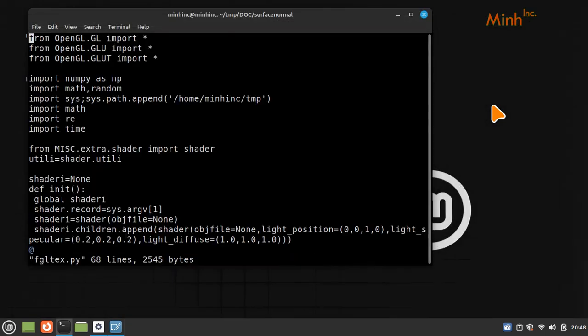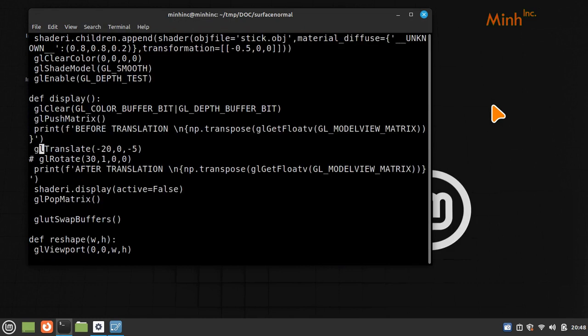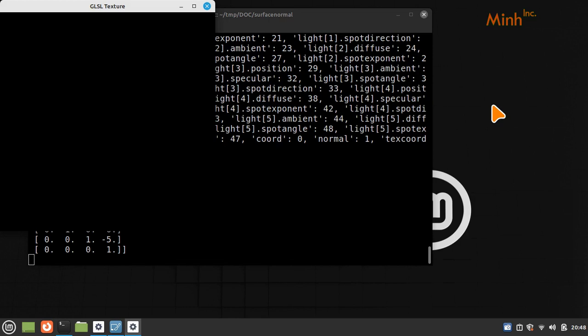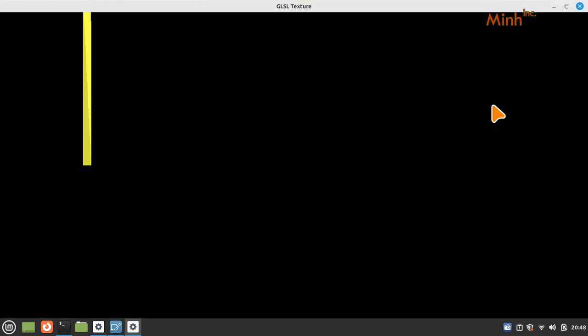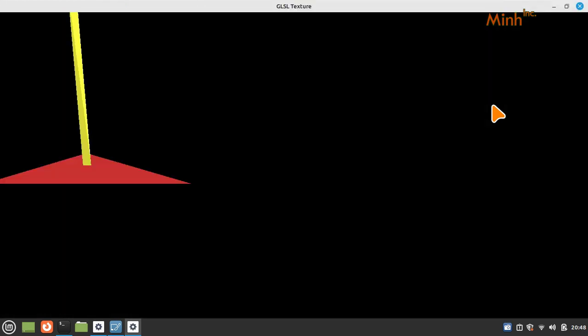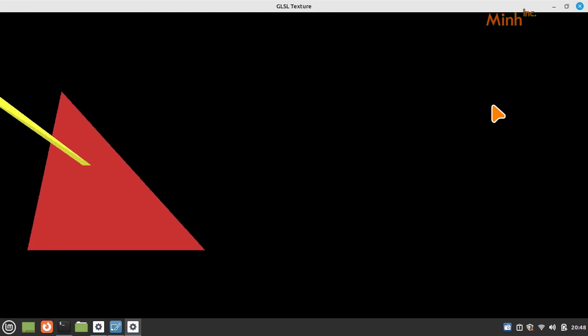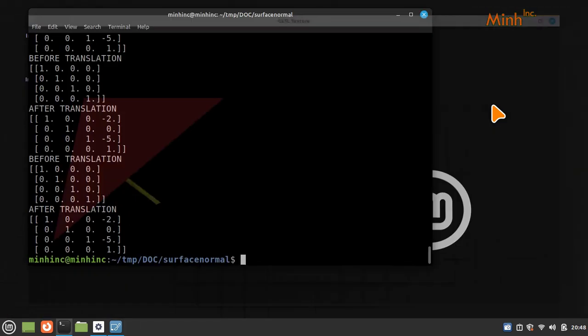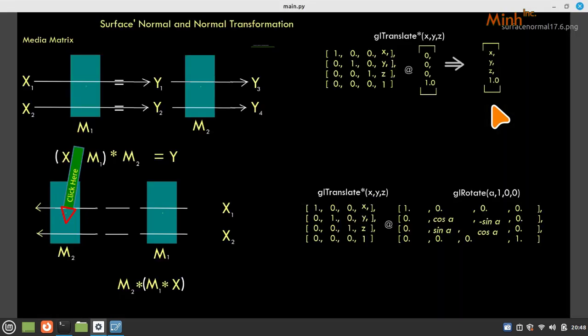So not that big. Minus 20 became too much. Okay, for big, I'll say minus 2 and try. It should be on the left side. Okay, so far better. So it is on the left side and it is very big. So this is how it's happening because it is passing through the translation matrix. Now the item is at the origin and we are passing it through the translation matrix.